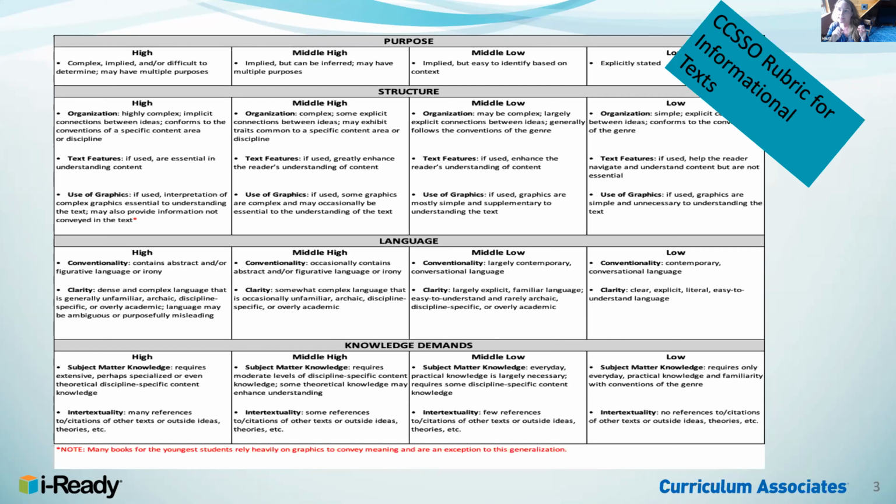It was compiled by CCSSO with lots of very sophisticated partners in the area of reading and text complexity. And this is the rubric that was used in this study. This rubric has 4 score points: low text complexity, middle low, middle high, and high text complexity.